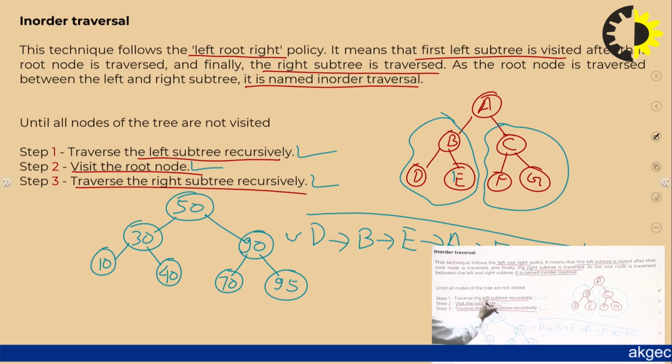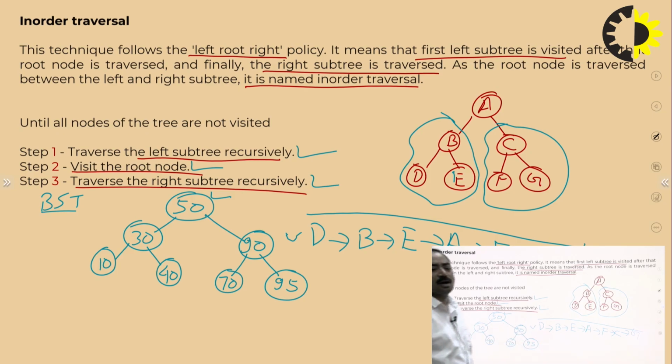This is a binary search tree: smaller elements on the left side, greater elements on the right side. 30 is again the root node of this subtree, with smaller elements on the left and greater on the right. So it's a binary search tree. If I want to traverse this with in order traversal, I first visit left, left, left.